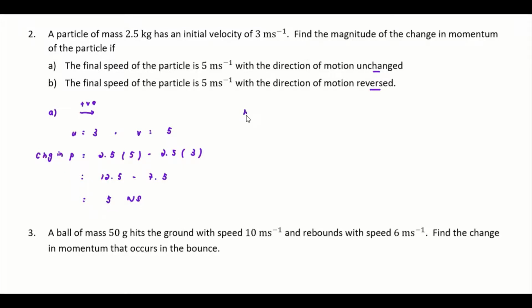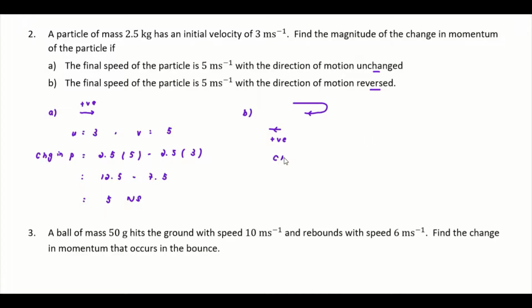Okay, so now part B. The final speed of the particle is 5 meters per second with the direction of motion reversed. Let's imagine the direction actually moves like this. So we take going to the left-hand side as positive. But as I said, if you want to take that side as positive, that doesn't give any problem either. It's just that you have a negative answer only.